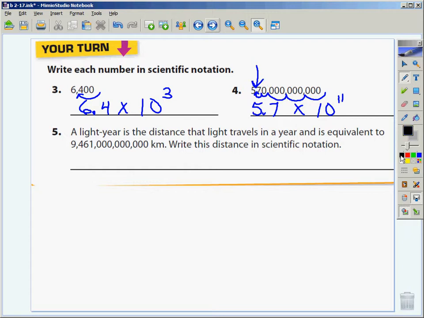At the end. How far did I have to move it? Well, I'm counting commas at this point. Because commas means how many places? 3. So there's 3, there's 6, there's 9, plus 1, 2 more. 11 places to get it between the 5 and the 7. Okay? So 5.7 times 10 to the 11.